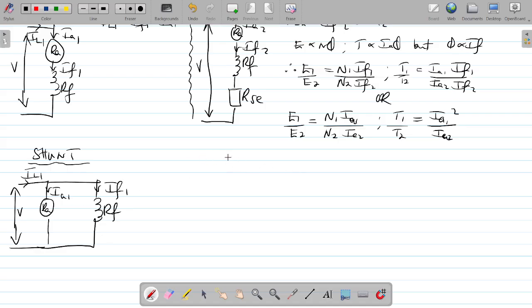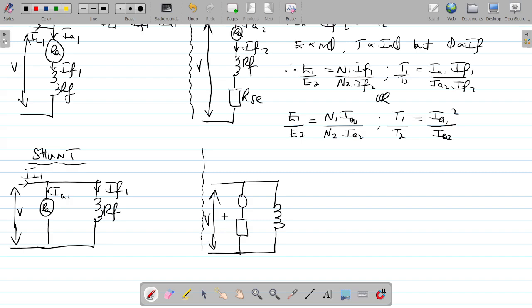I'll create another circuit this side. I'll add a new resistance in series with my armature here. So here's my new resistance, but the whole circuit is still a shunt. The only difference is that I've added a new resistance.